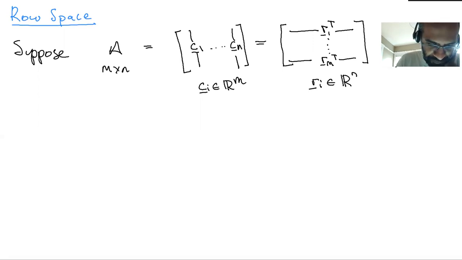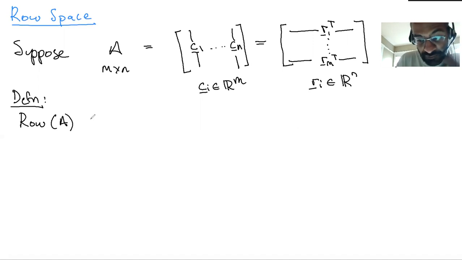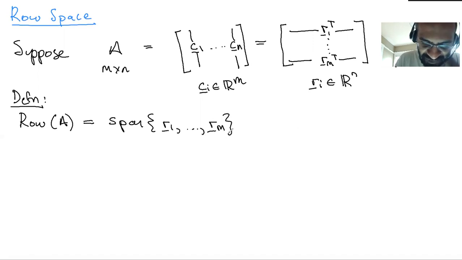So the row space of A, this is the definition. The row space of A is the span of the rows of A. So it's the span of R1 through Rm. And since these vectors live in Rn, this is a subspace of Rn.